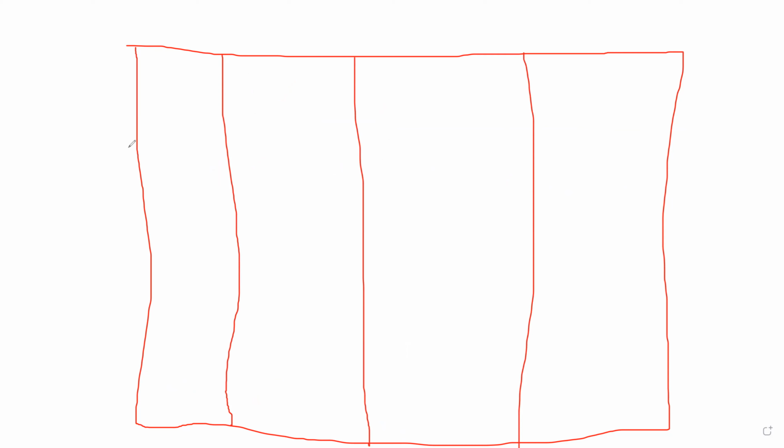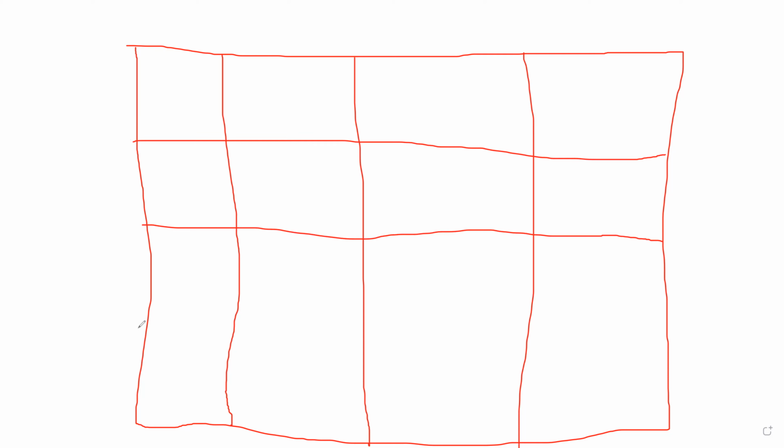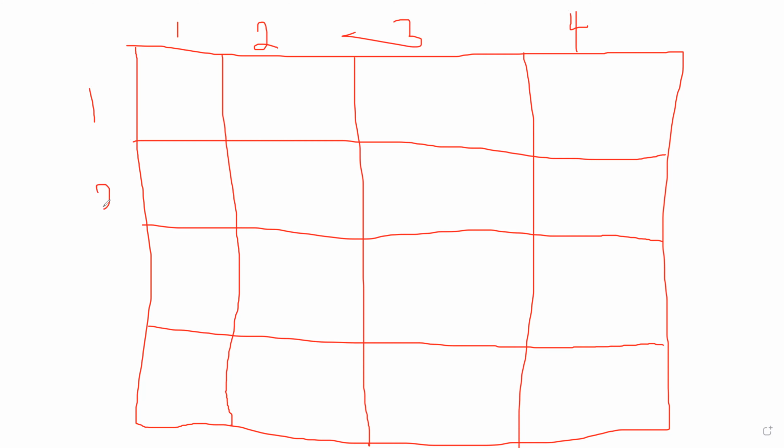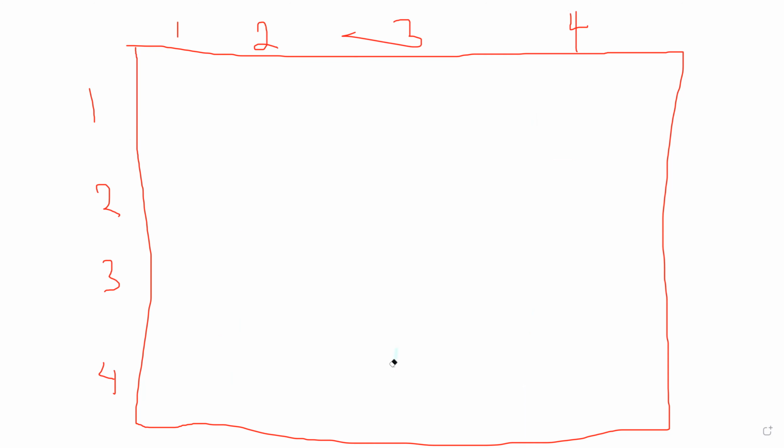You can decide to divide the container into columns like so, and even into rows like so. So in this layout, we have one, two, three, four columns, and one, two, three, four rows.